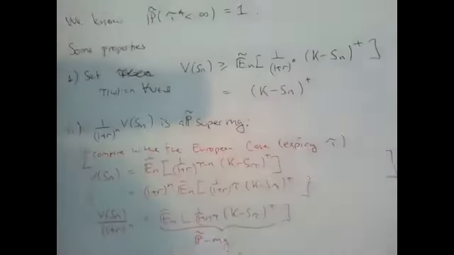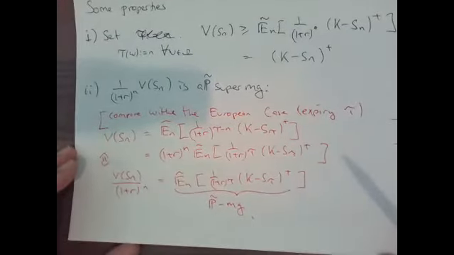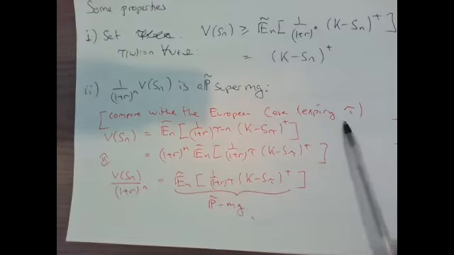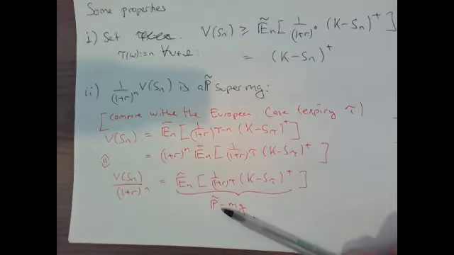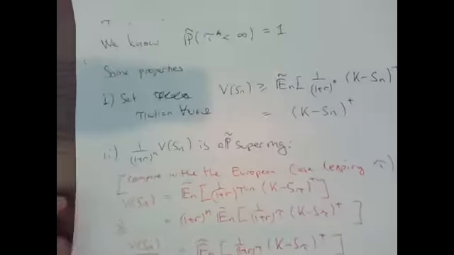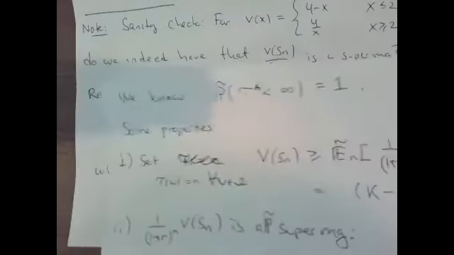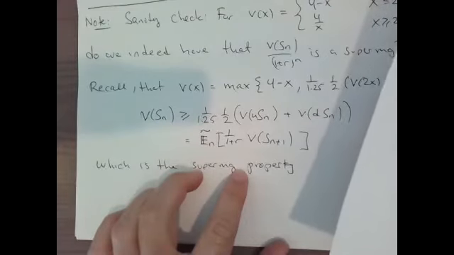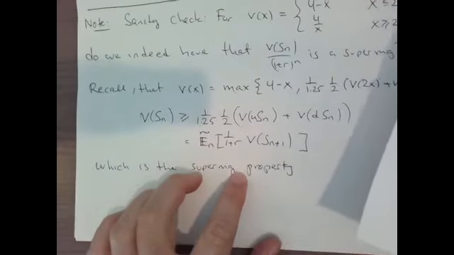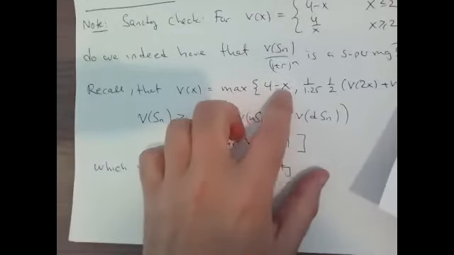So let's go back. If we had the European one with this random expiry, you get the martingale property. But now we have the American one, so we have the supremum in there, and we establish this super martingale property. So it's not the super martingale property that this term here ruins.